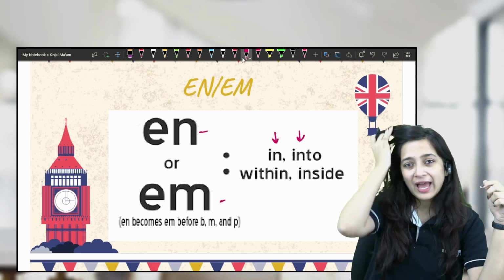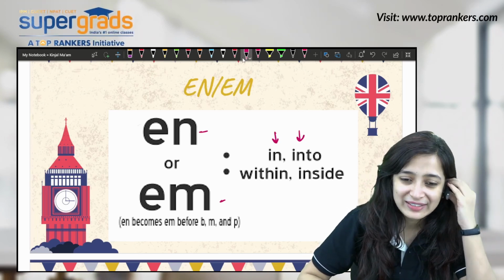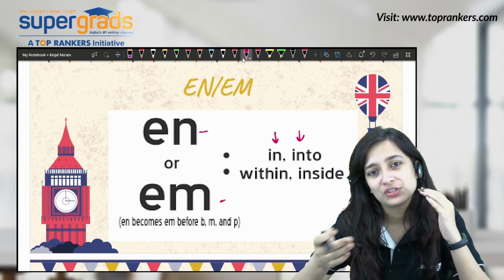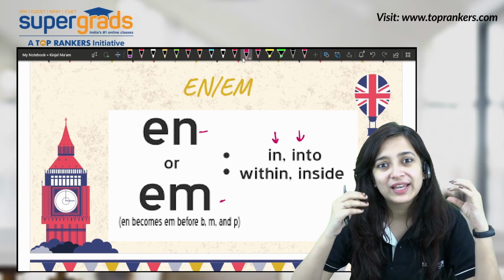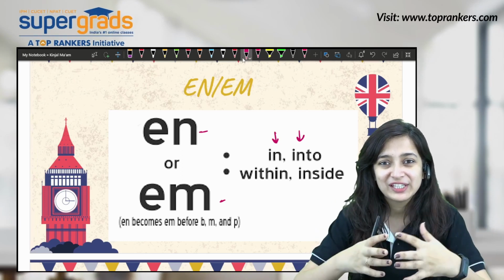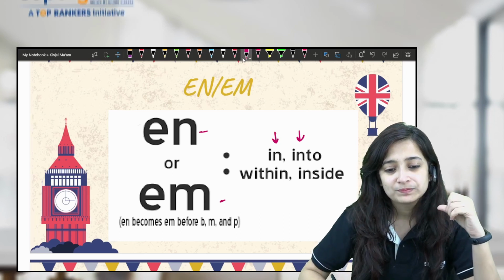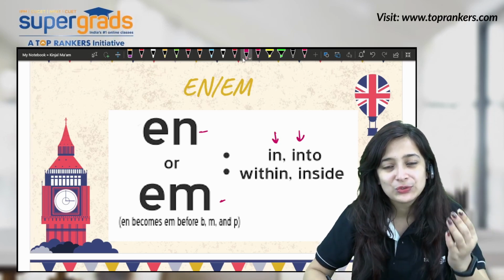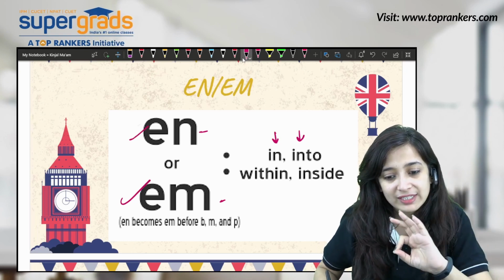But I actually thought that it has nothing to do with the different usage of prepositions according to the verb, and you can actually understand the meaning of these words without even knowing the difference. So, just for you to understand, en and em, both of these have a very similar meaning, which is in or into.